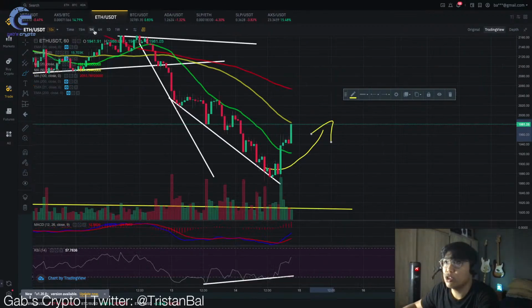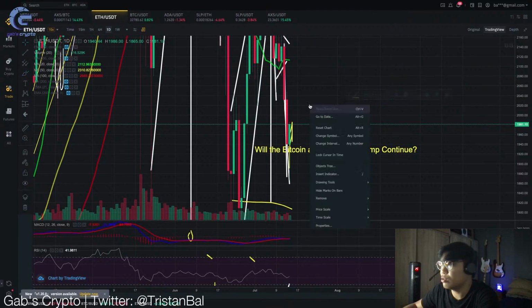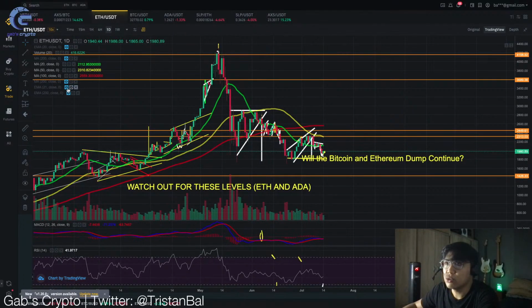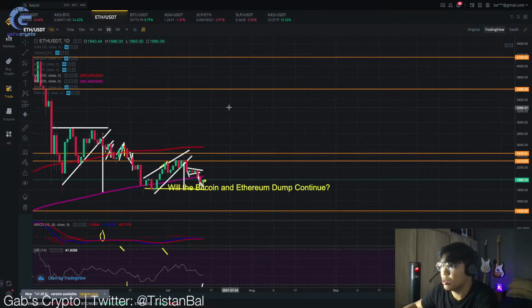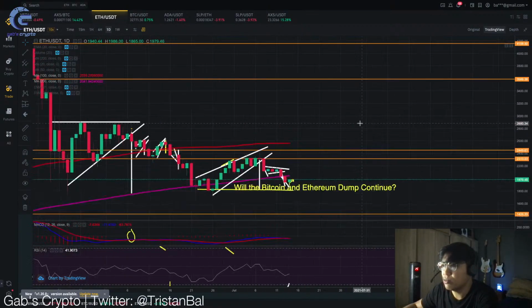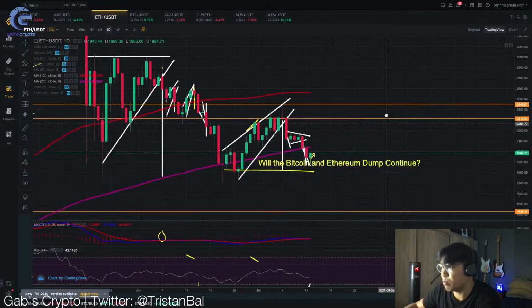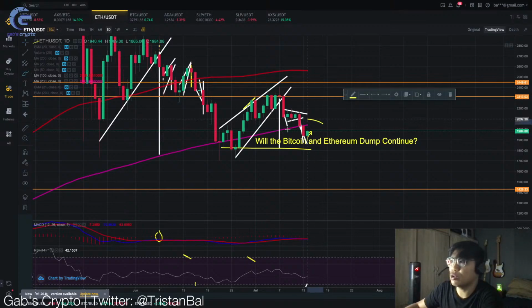So for the Ethereum long term, let's try to look at the long term price action for Ethereum. So let's follow actually the 200 and this moving average. So for the long term, ang kailangan nyo dito tingnan is yung 200 moving average. So right now, we are at the best buying time kasi every time a coin is below the 200 moving average in the daily, that would actually be the best time to buy.